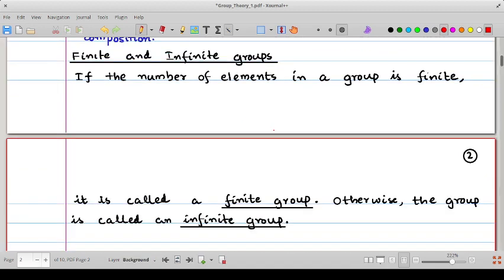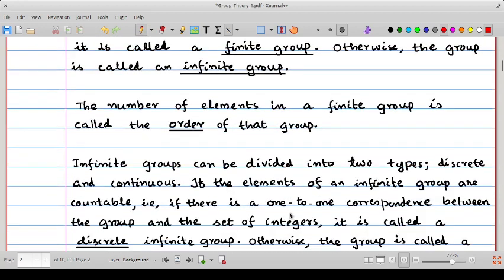If the number of elements in a group is finite, then it is called a finite group. Otherwise, it is called an infinite group. For a finite group, the number of elements in a group is called the order of the group.